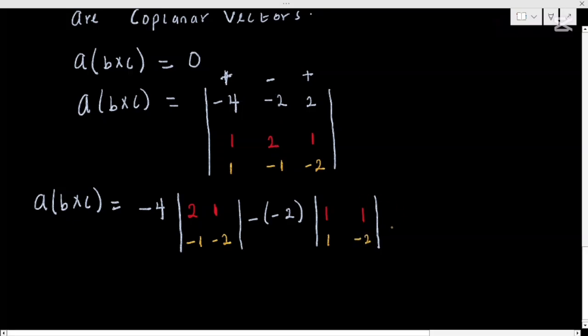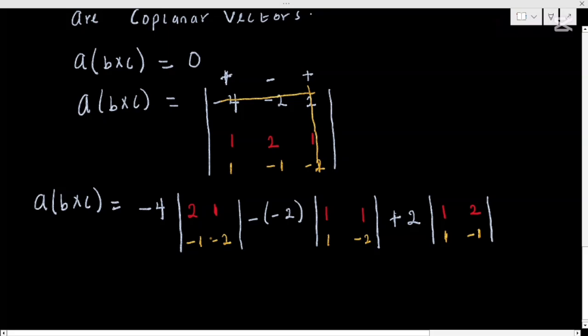The last but not the least, when we close the first row and the third column, what do we have left? There we have +2, we are left with 1, 2, 1, -1. We can now say that we have 2 by 2 matrices here and we already know how to find their determinants.